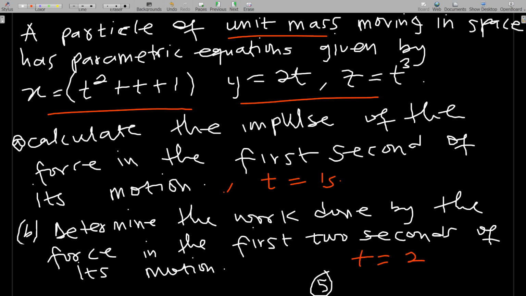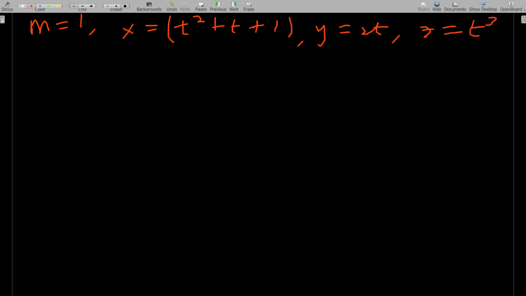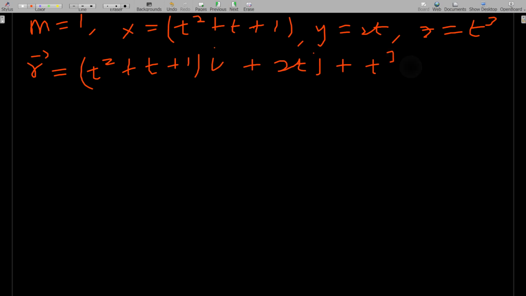So let's start. The information that we have is the unit mass, so mass is equal to 1. And then we have x is equal to t squared plus t plus 1, y is equal to 2t, and z is equal to t cubed. So with this, it means that my position vector r is equal to xi plus yj plus zk, and that is (t squared plus t plus 1) i plus 2t j plus t cubed k.